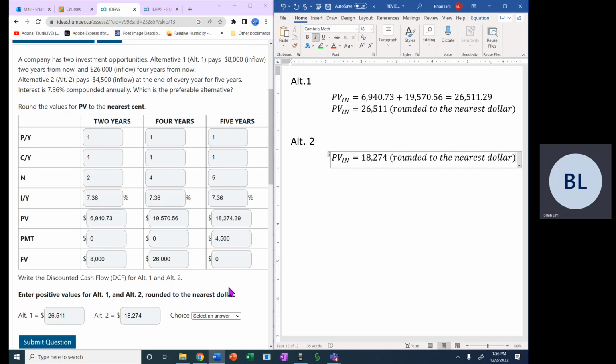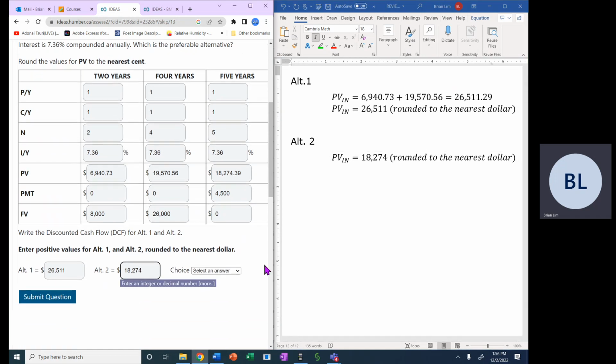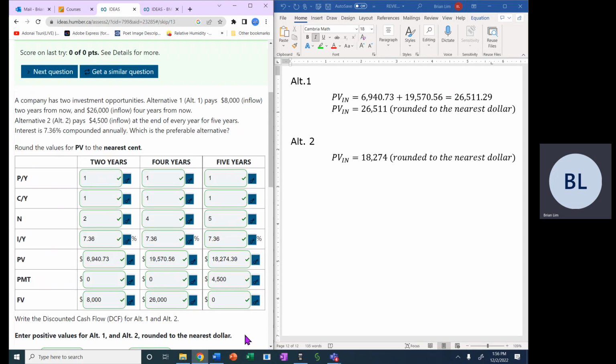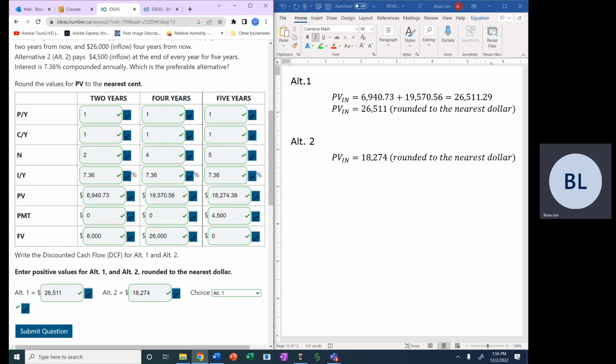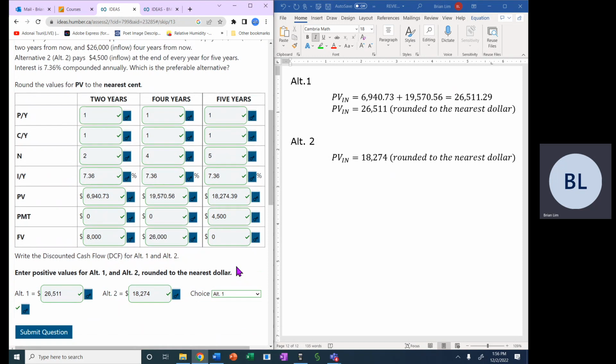All right, so that's there. Now remember, both of these values are positive because they're inflows. The money is coming in. So the larger of the two would, of course, be the one that's preferred. In this case, alternative 1 is the larger one. So we will choose alternative 1. We'll check, submit, and our calculations are correct.